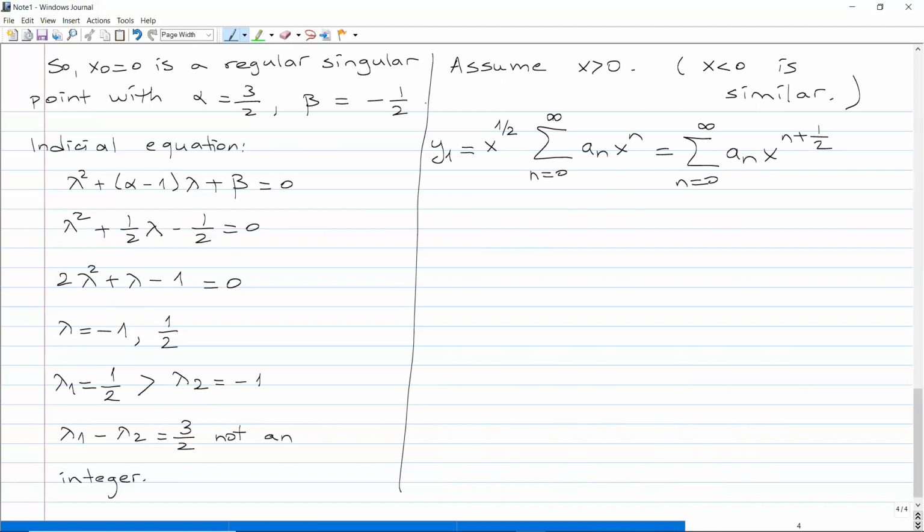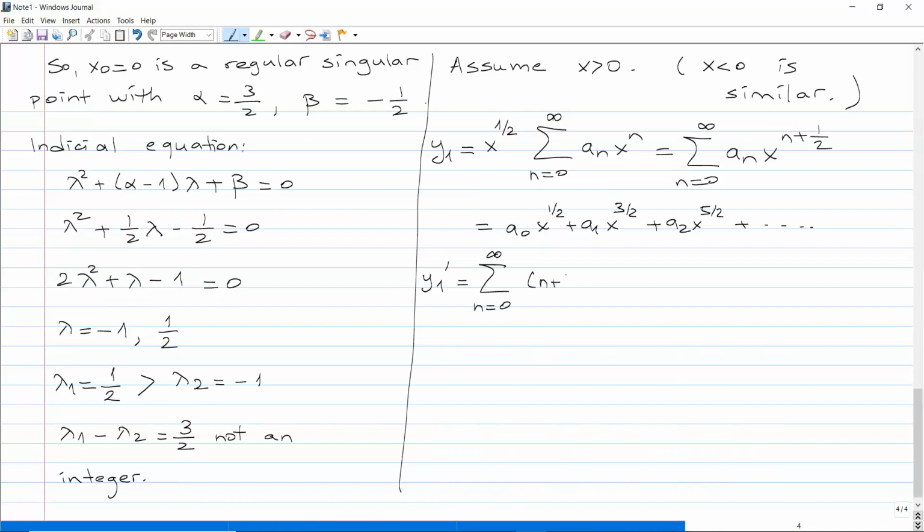When you're taking the derivatives, be careful. This thing here is not exactly a power series because of the powers, so this goes like a0 times x to the 1/2 plus a1 times x to the 3/2 plus a2 times x to the 5/2 and so on. But when you're differentiating, again, we can differentiate term by term. The first derivative: the first term is not constant, so your derivative still starts from 0.